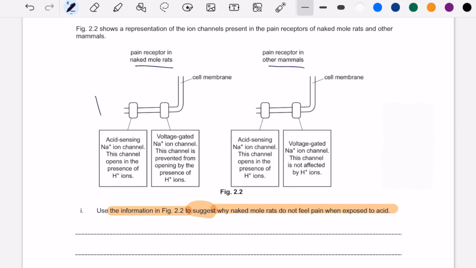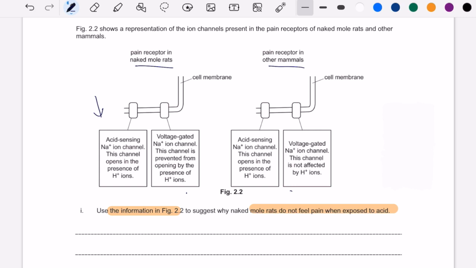Okay, so looking here, it says acid sensing sodium ion channel. This channel opens in the presence of H plus ions. Okay, this one is also the same, so there's no difference there. So I'm guessing it's going to be for those two boxes. Okay, what does it say? Voltage gated sodium ion channel.